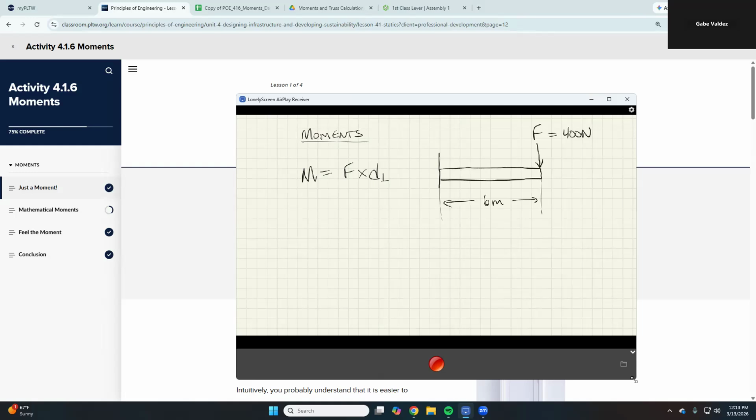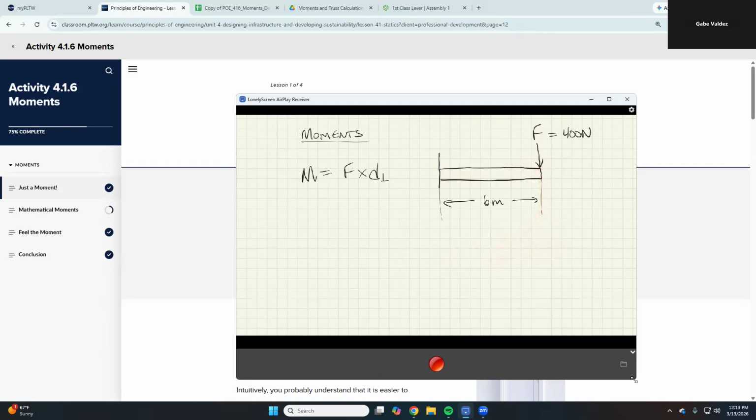The line of action of the force and the member that the force is acting upon are perpendicular to one another. So this force here is going to cause a turning effect where this cantilever is going to want to rotate, counterclockwise, or actually clockwise. So this turning effect of a force is going to want to cause clockwise rotation.